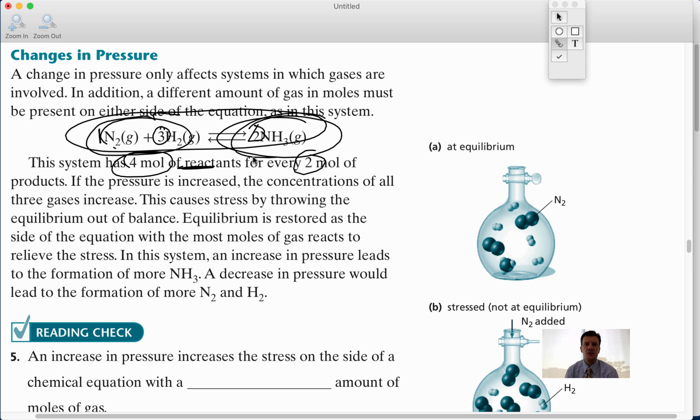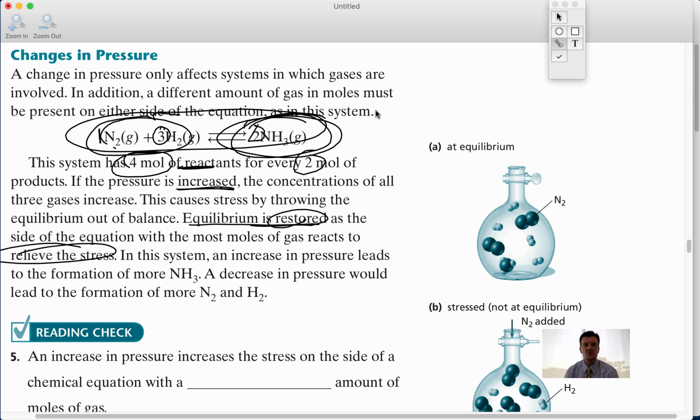In this case, it's the product side that has fewer total particles. If you increase the pressure, it will always shift to the side that has fewer particles. Okay? So you're going to try to restore equilibrium. Equilibrium is restored by moving to the side that will help relieve that stress from the pressure.